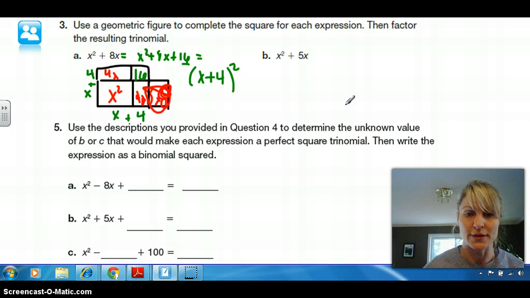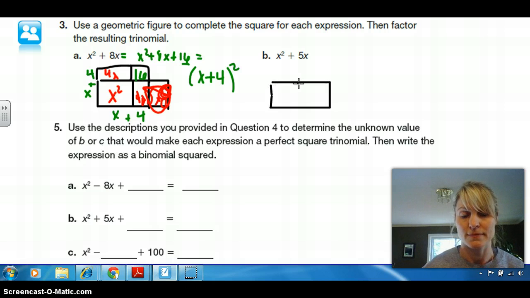We want to draw ourselves a box or a rectangle to begin with. Ugh, that didn't turn out very good. Okay, so we're going to draw a rectangle and cut it in half. Here we have x squared, so that goes in here.